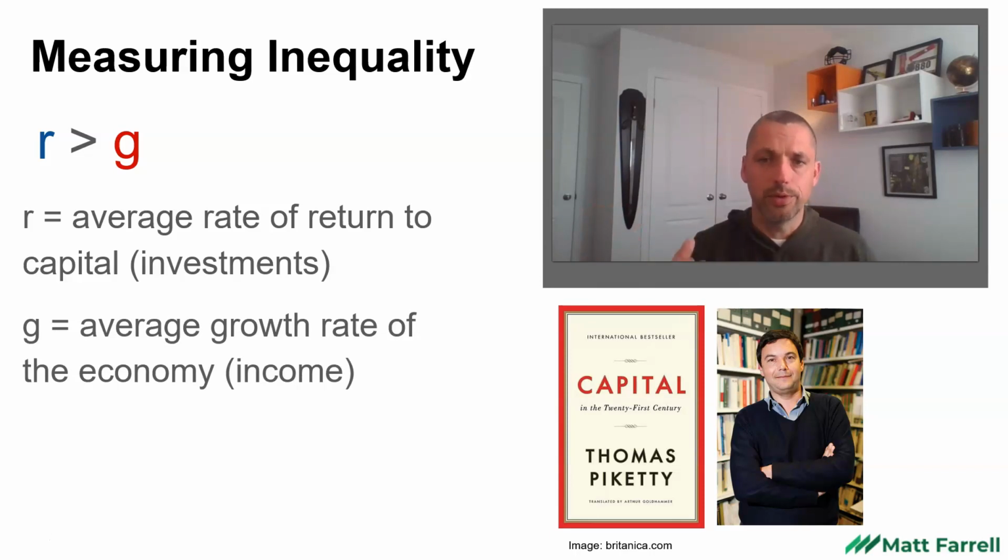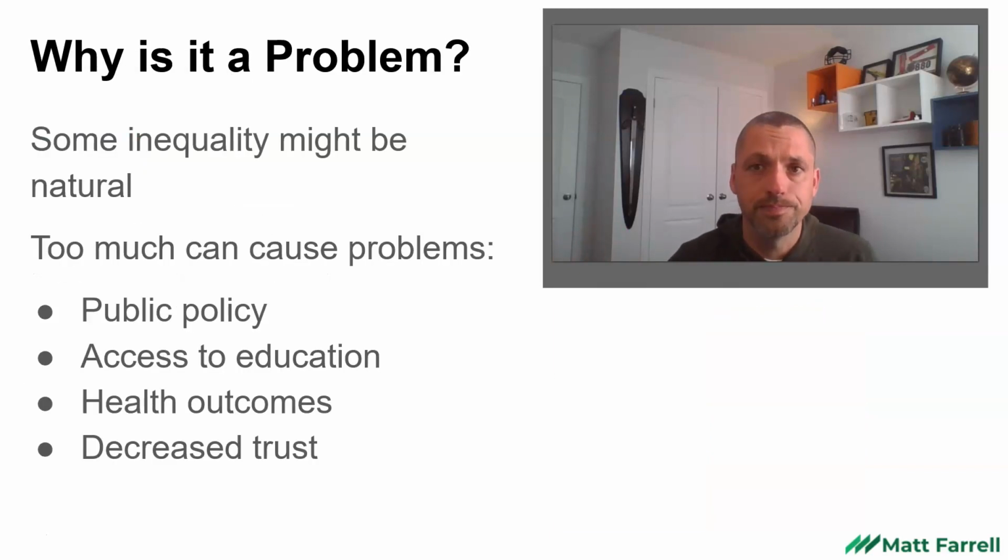So to put it simply, the folks that had most of their wealth in capital, so in investments and in assets, they did better than individuals that had to sell their labor to get wages. And so he identified this as a structural difference in the economy that fueled inequality. People that had things, had wealth, could generate greater returns than the people that sold their labor and that relied on just the general growth rate of the economy.